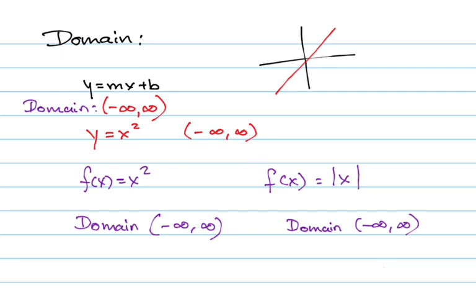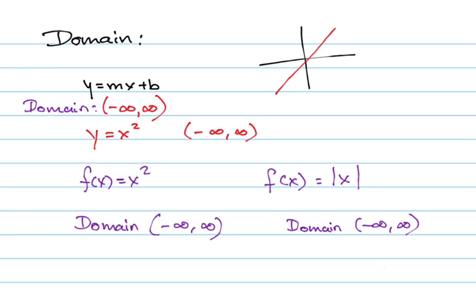There are actually only 2 exceptions to the rule. Only 2 functions where your domain is not negative infinity to infinity. If you remember that, the rest of them are always negative infinity to infinity. College algebra will be a breeze. But there are 2. Does anybody know or want to think about which 2 functions have issues?